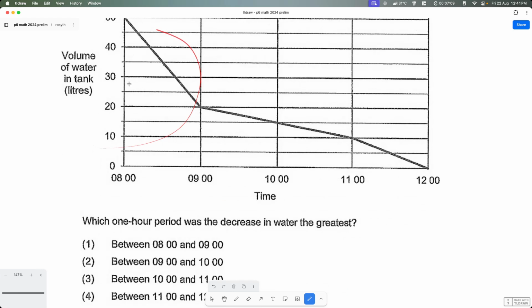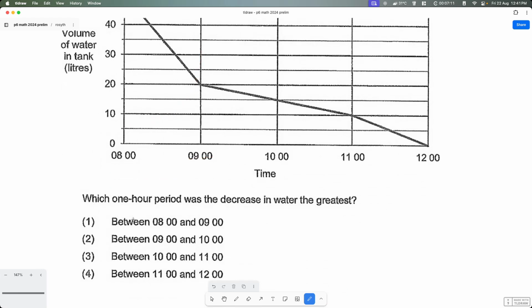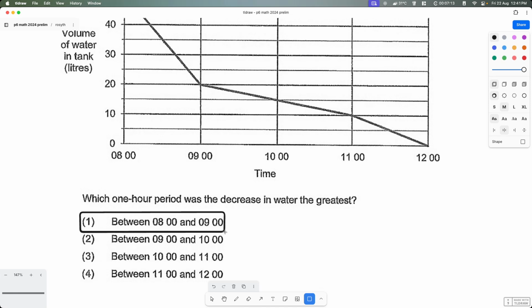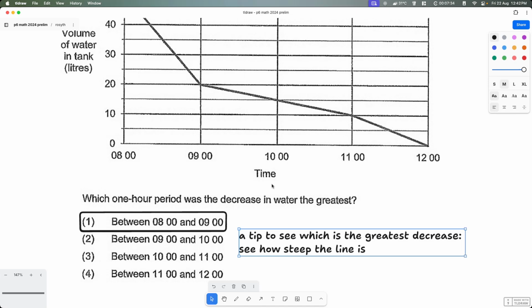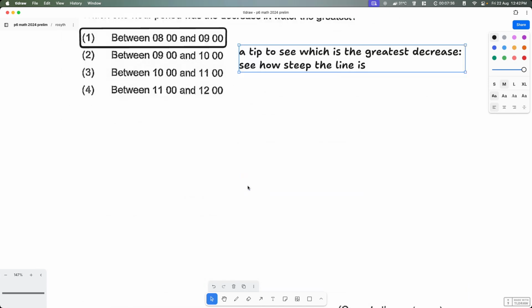To see which is the greatest decrease, see how steep the line is. So it is 0800 to 0900, option number 1. It's pretty straightforward.